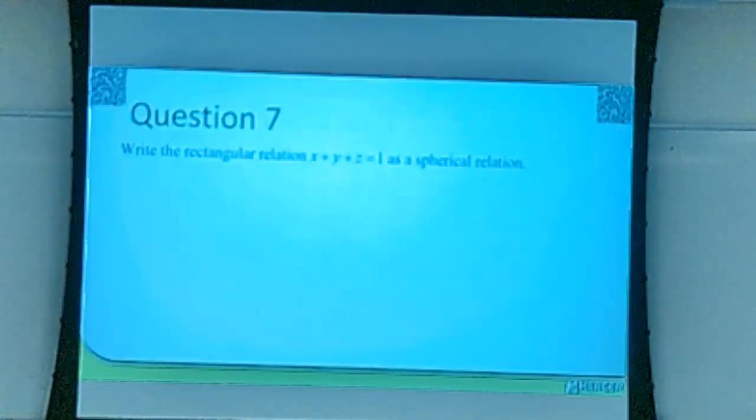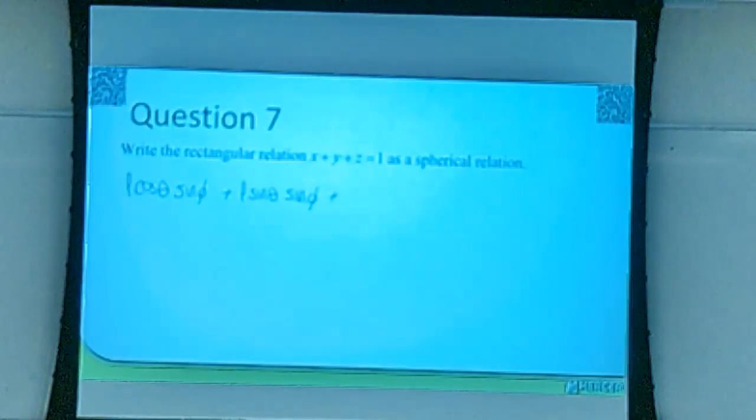Rectangular relation, x plus y plus z equals 1, in spherical. What's x in spherical? Rho sine phi cosine theta. What's y? Rho sine phi sine theta. What's z?